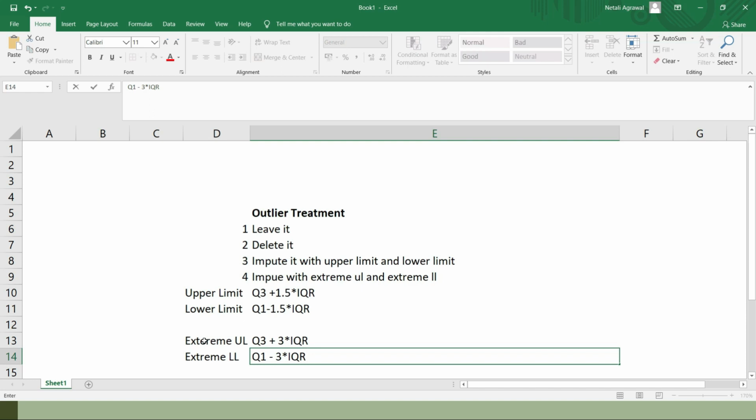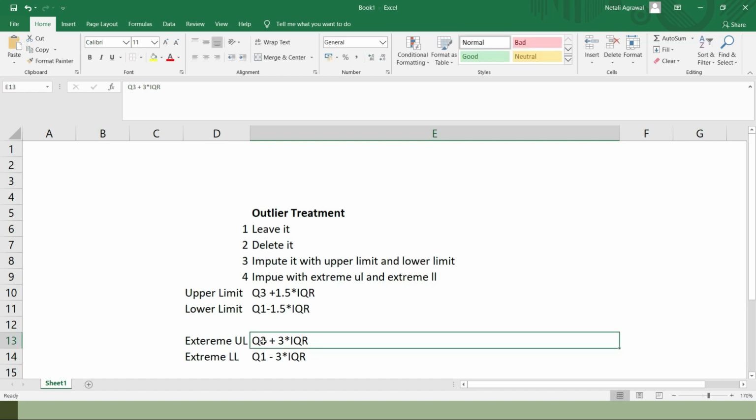And which are the outliers greater than this extreme upper limit, you can replace with this extreme upper limit value, and whichever are the values lesser than your extreme lower limit value, you can replace with this value. That's how you will do the imputation over here, and you will handle outliers.